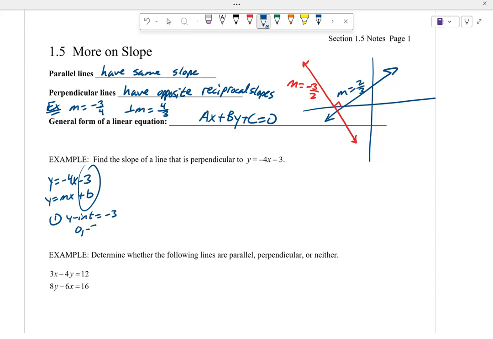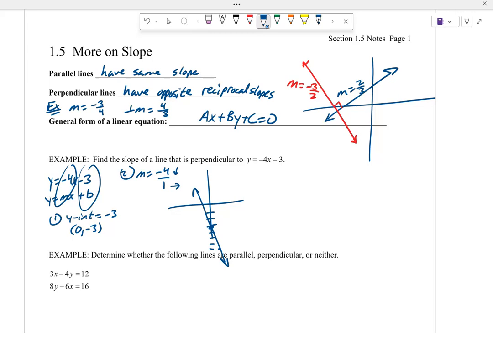So we have the point (0, -3) on our graph. And our slope is -4. Slope is rise over run, so go down 4, right 1 from there. 1, 2, 3, 4, down 4, right 1. Or we can go up 4, left 1. Here's our line that has a slope of -4.